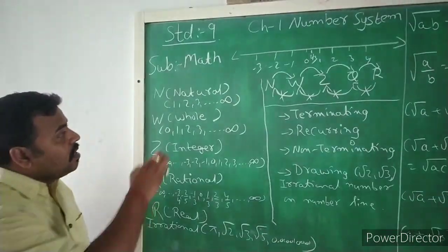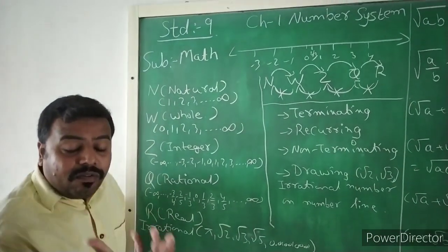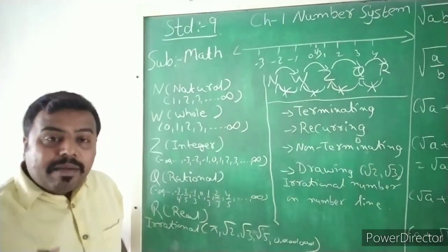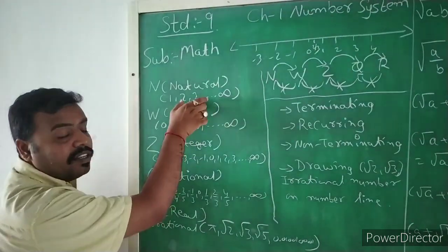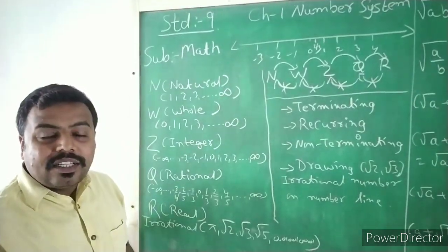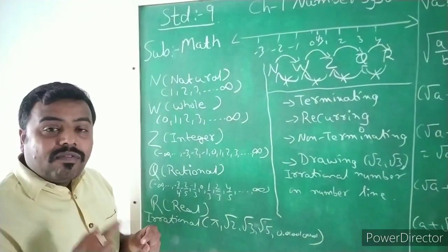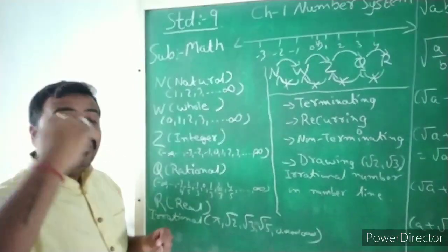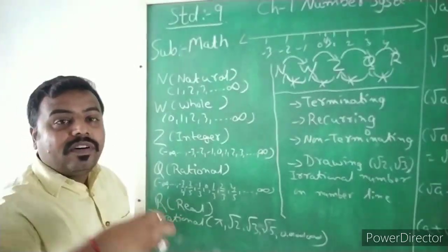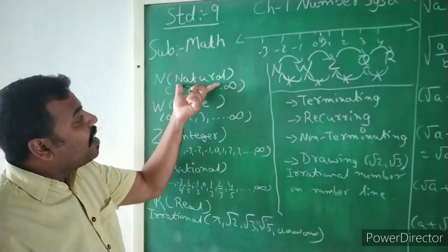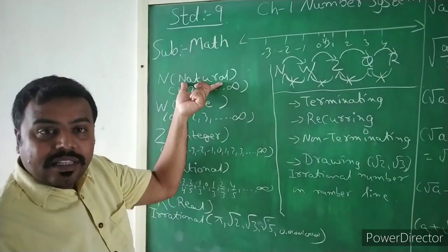Now, see for example, which different numbers can be considered as natural numbers. Here I have written which numbers can be represented as natural numbers, starting from 1, 2, 3 up to infinity. All your positive numbers from 1 up to infinity are considered as natural numbers.